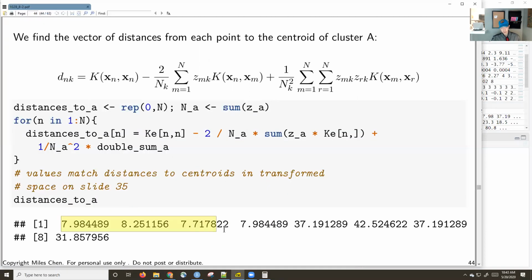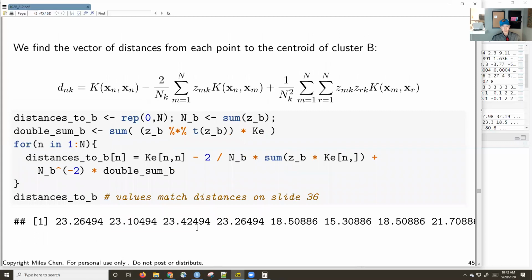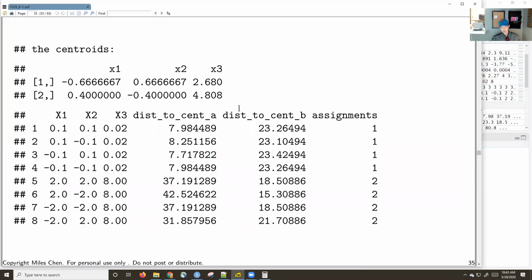Same distances right here. And I can do the same thing for distances to B: 23.26, 23.104, 23.424. Flip back to that slide: 23.26, 23.104, 23.424, and so on.